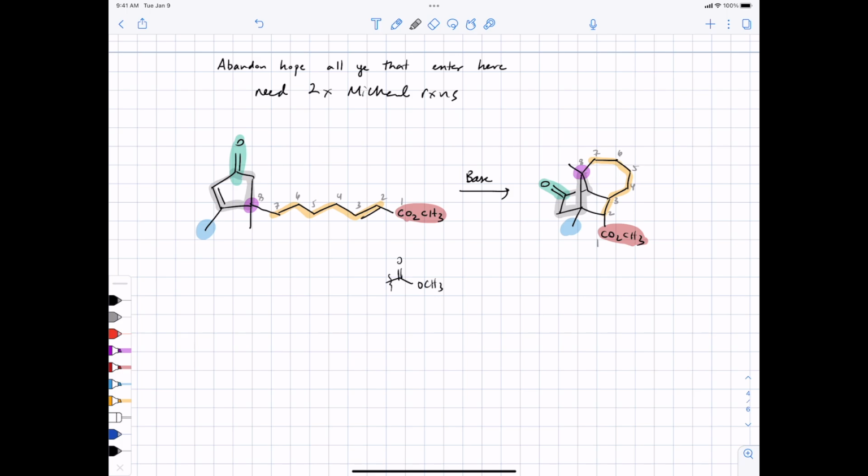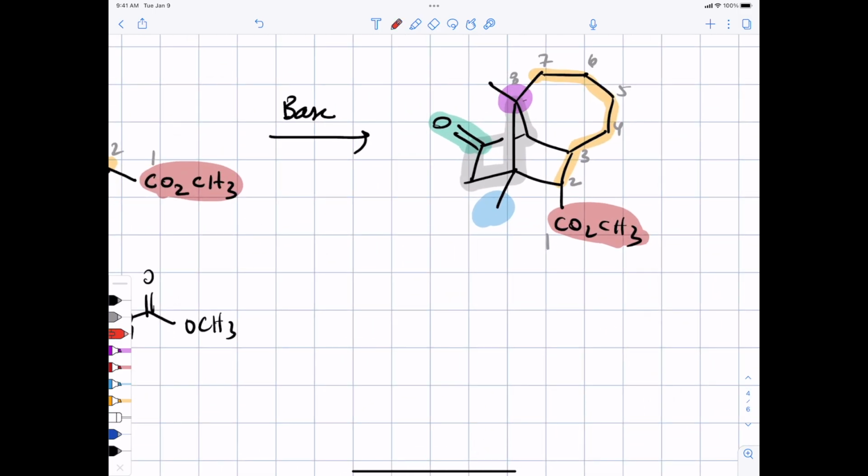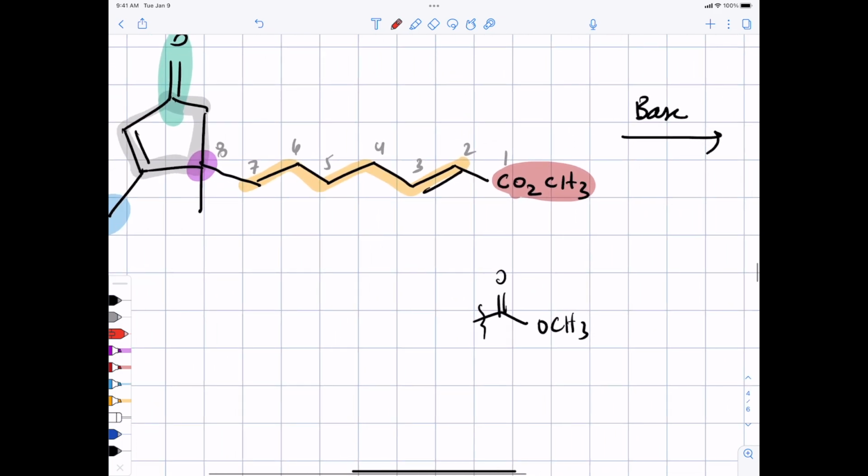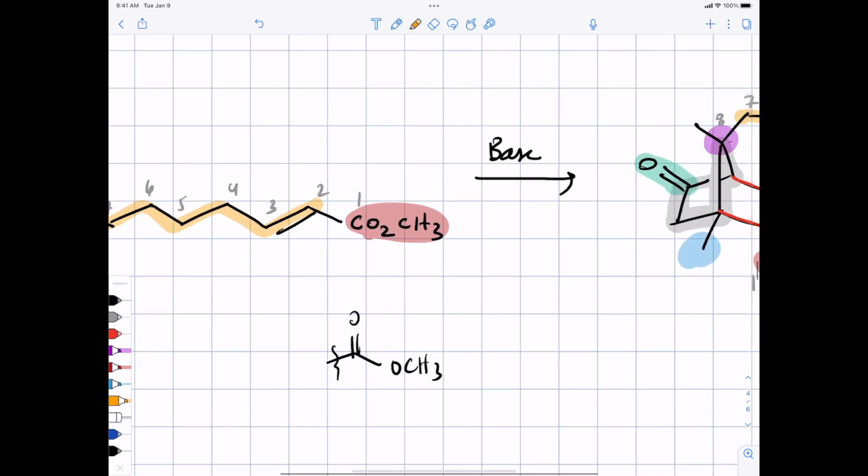Having done that, we have now tracked down all of the bonds in the starting material that are still present, basically unchanged in the product. What's left? Ta-da! Are the 2 bonds we made. Okay? 8 and 7. Oh, right. That was there to begin with.